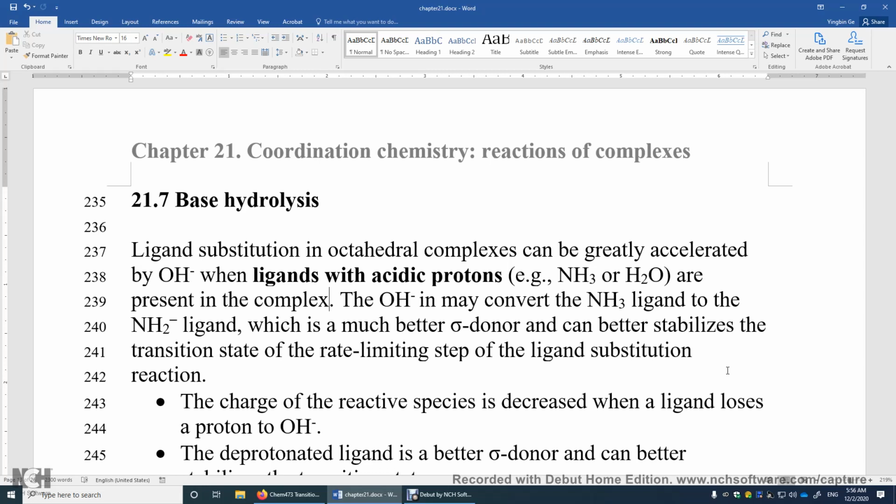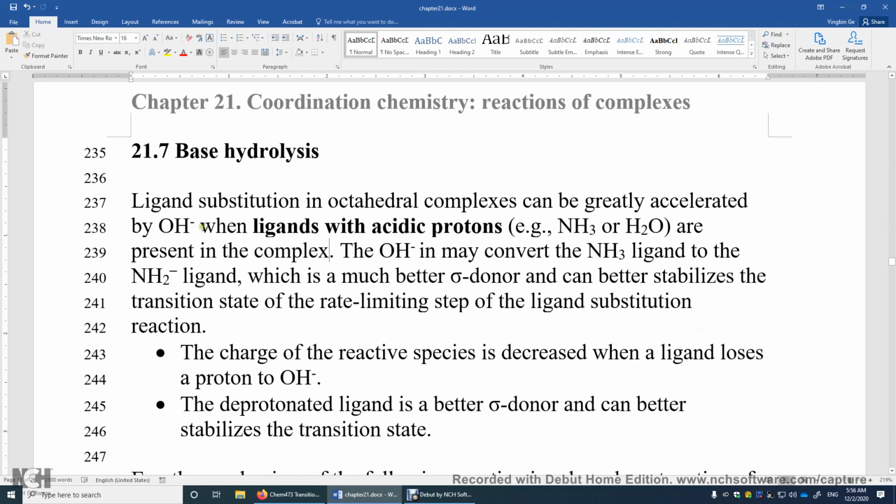The NH2- ligand and OH- ligand are better sigma donors than their neutral counterparts. And these NH2- and OH- ligands can better stabilize the transition state of the rate limiting step of the ligand substitution in this octahedral complex.